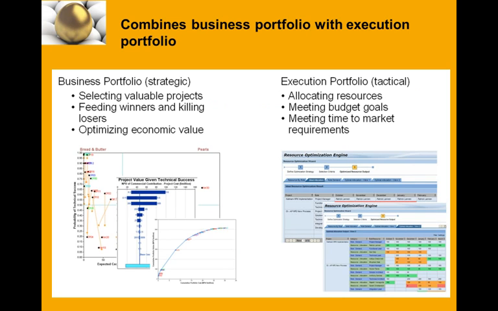And we want to really identify potential winners because we want to feed them. By feeding them, I mean give them the appropriate attention, the right resources, the right amount of capital. And the whole idea is to optimize the economic value that you get from doing that project.